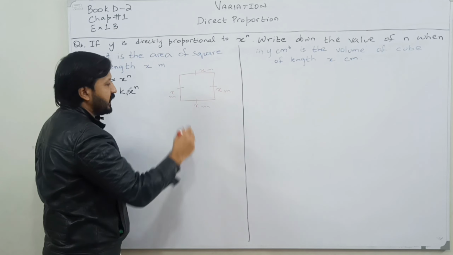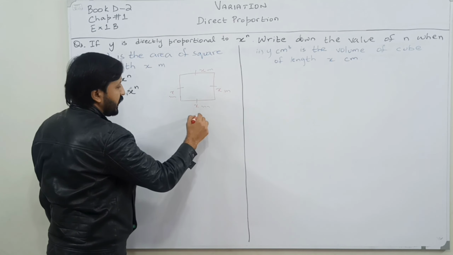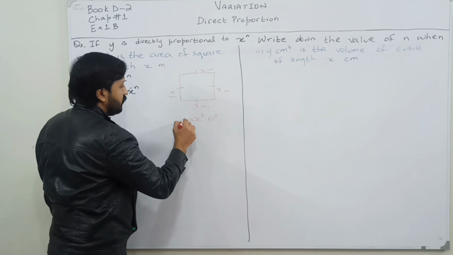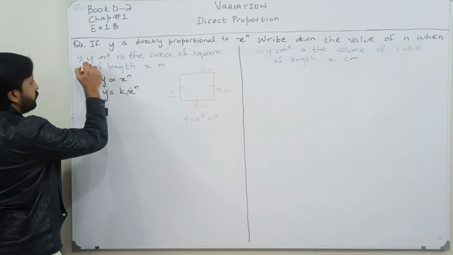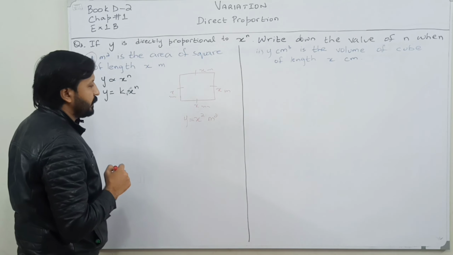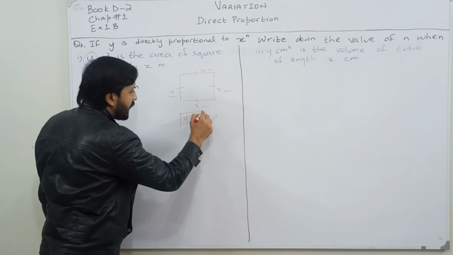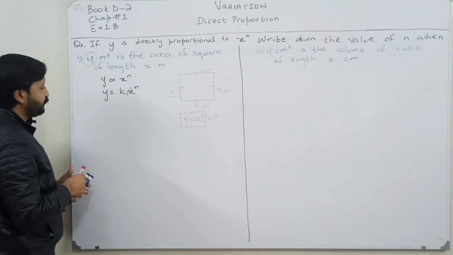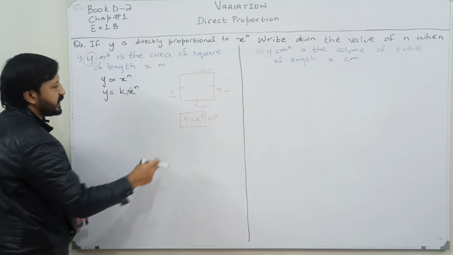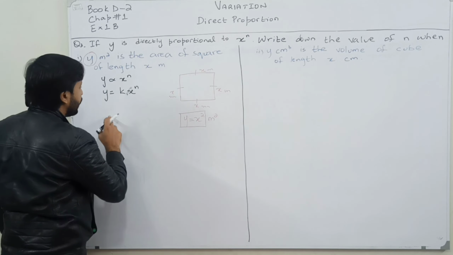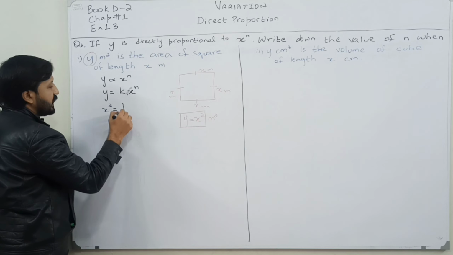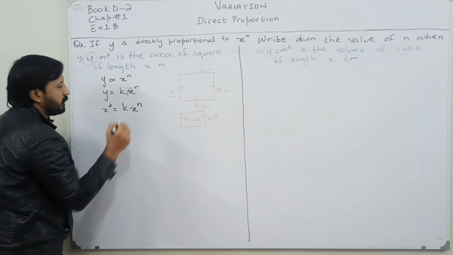If we calculate the area, it will be x square meter square, and y is what we are given in the question. So y has the value of x square here. If we substitute this value of y, the equation will look like x square is equal to kx to the power n.